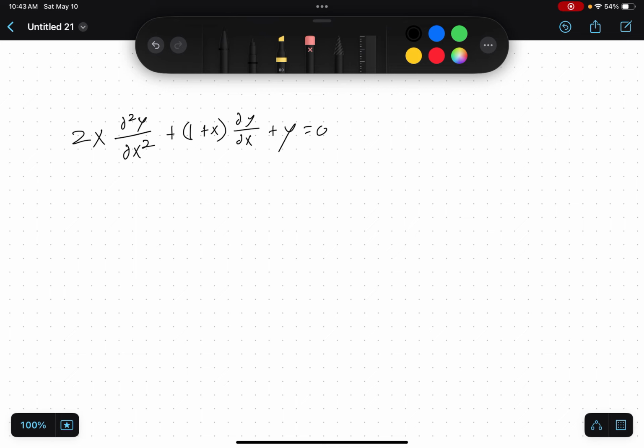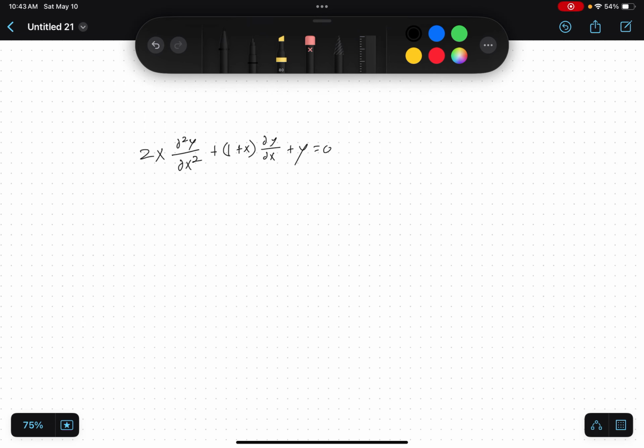All right, let's say that's your differential equation. Cool. So step one, we have to see which type of power series we can use to solve this, and is it even possible to solve it using a power series?